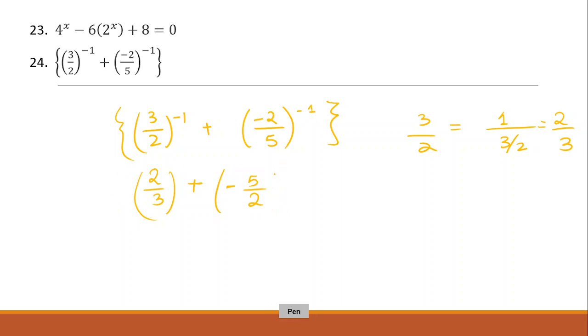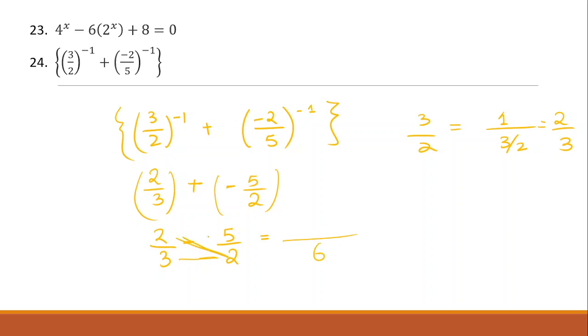Now when you multiply the signs plus and negative, you will get 2 divided by 3 minus 5 divided by 2, and you can take the LCM. You can also multiply the denominators, so you will get 6. 3 multiplied by 2 is 6.